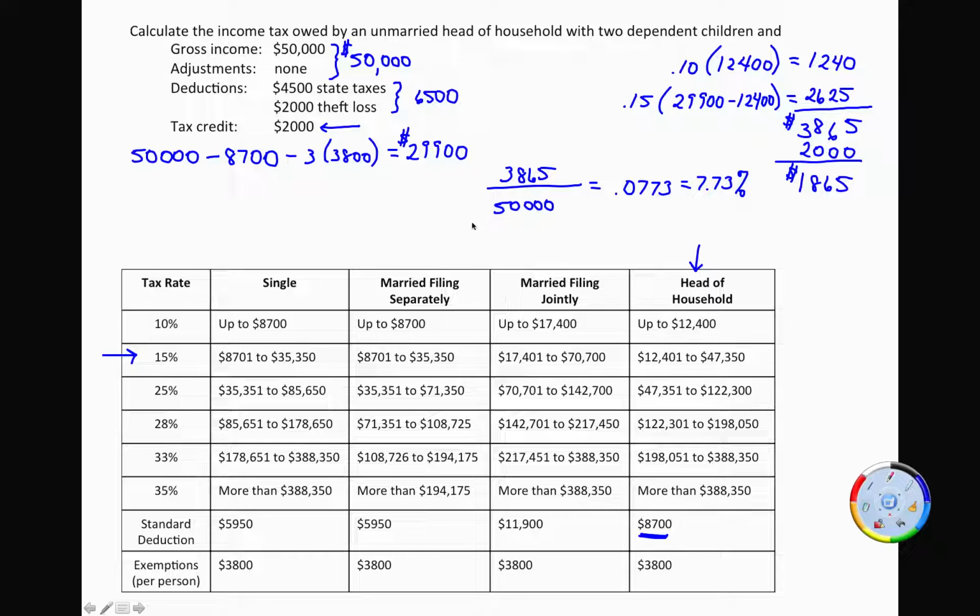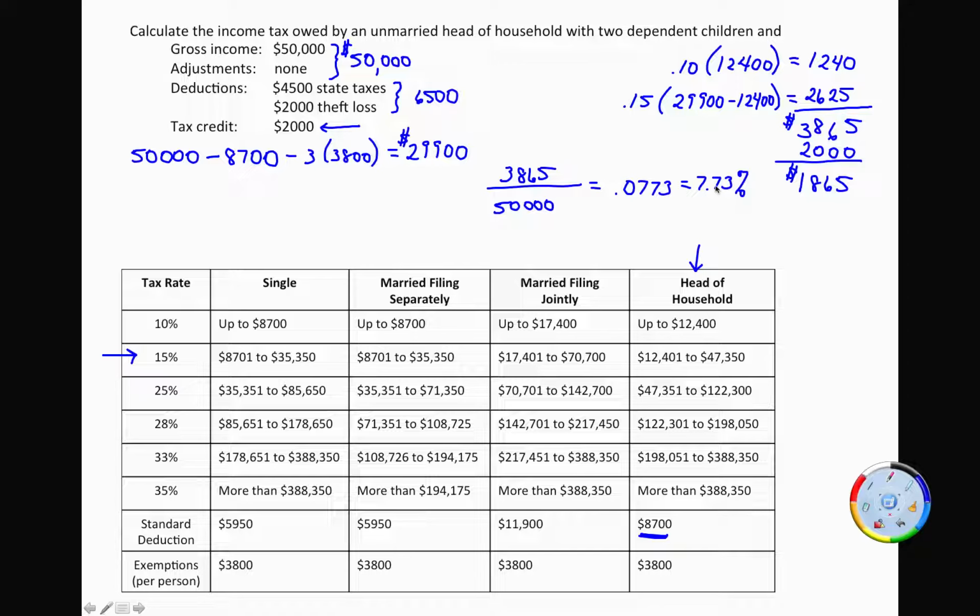Then this $50,000 tax earner really pays about 7.75%, less than 8% in taxes, less than what he pays in sales tax to purchase products for income tax.